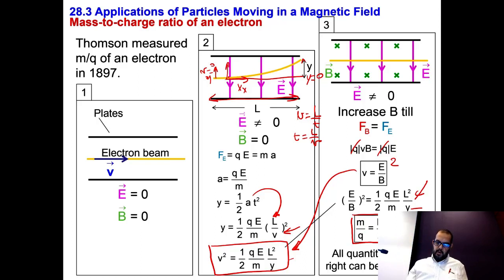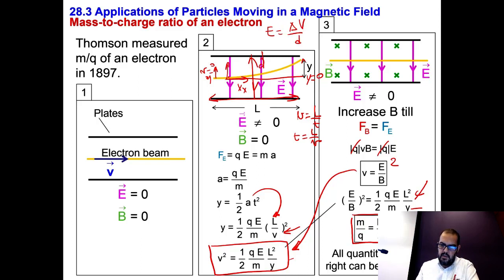So m over q is given by B squared, which we know the magnetic field, times the length of the cathode ray tube squared, divided by 2 E, the electric field strength, which is equal to delta V over the distance. If this distance here is d, E is just equal to delta V over d.